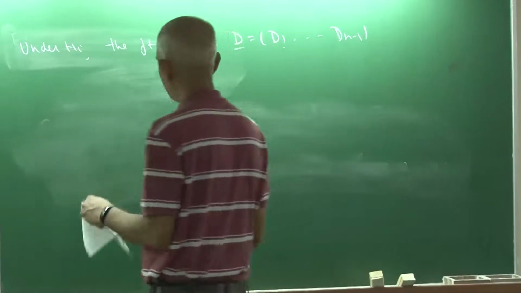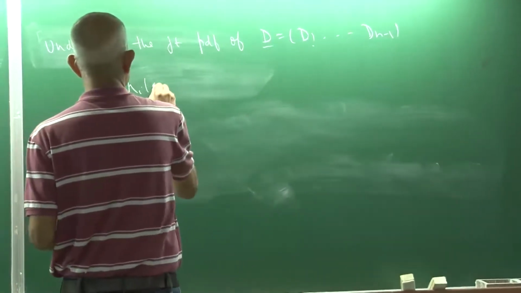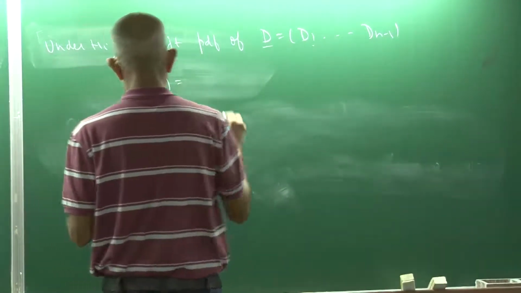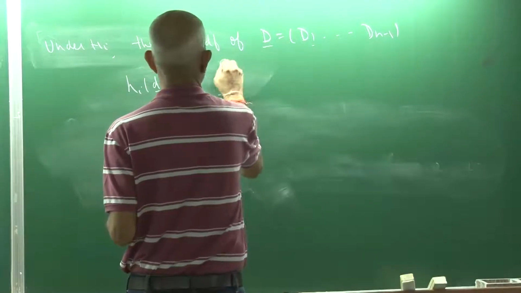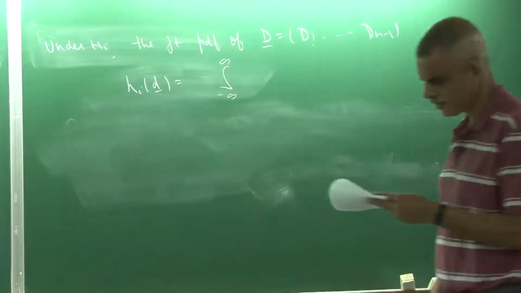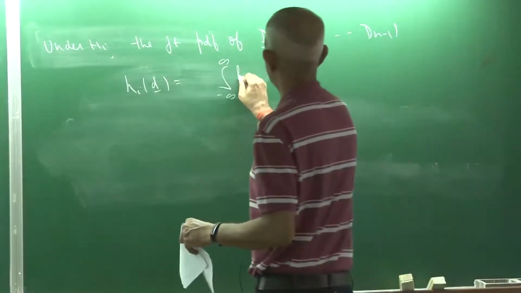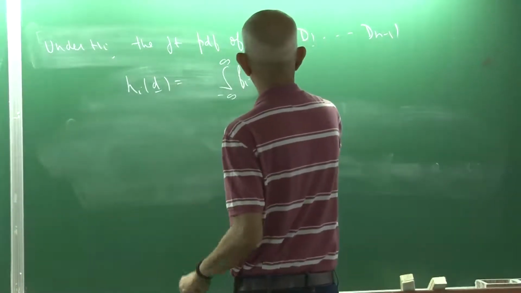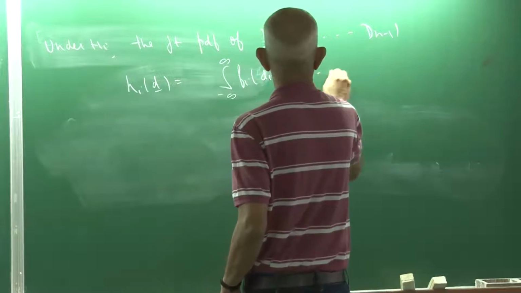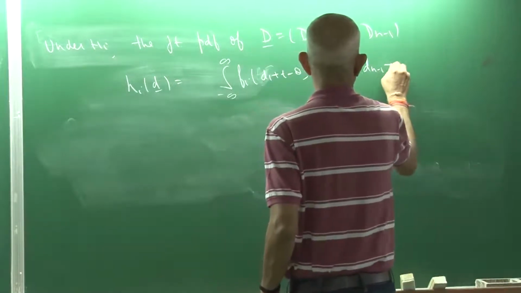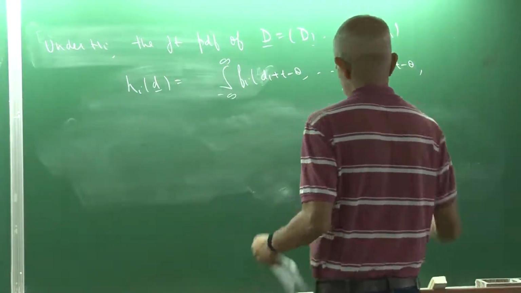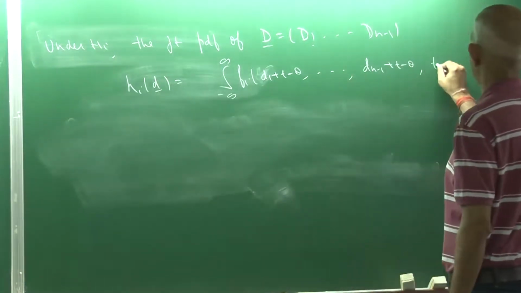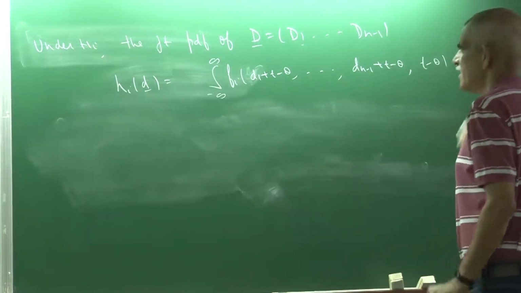So Hi of D is the integral from minus infinity to infinity. It does not depend on theta. If you want to keep theta, you can write down theta, but it doesn't matter. Fi of D1 plus T minus theta, ..., Dn minus 1 plus T minus theta, T minus theta dT. Right.